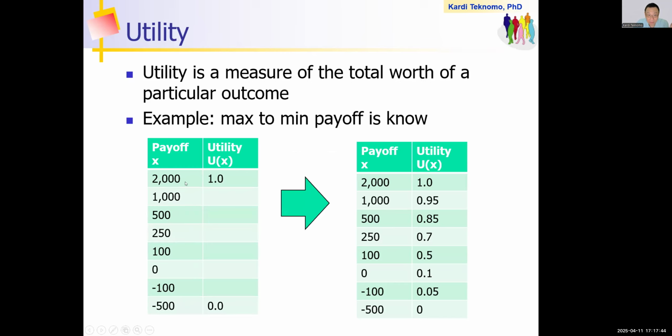You set the highest value and the lowest value, usually negative for the lowest, and then you can set any numbers in between. Put them in order, from the minimum to the maximum, and then you set the utility value. The minimum will get 0, the highest will get 1 or 100, whatever number.